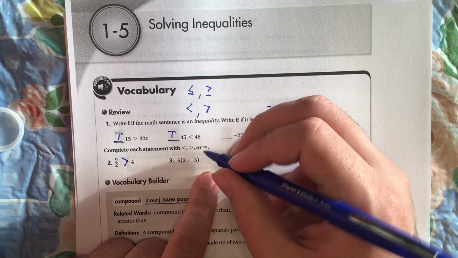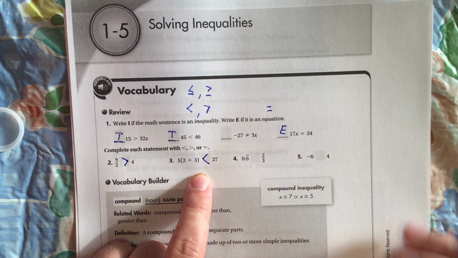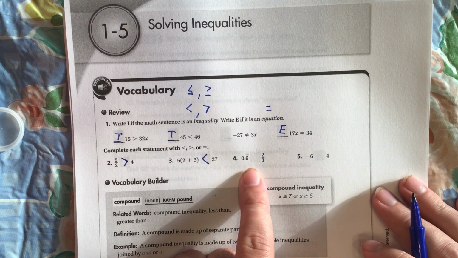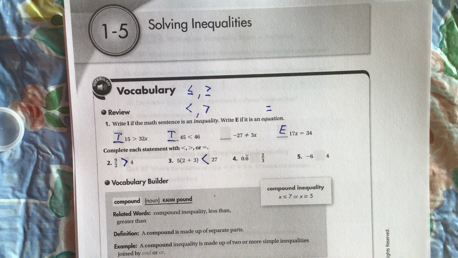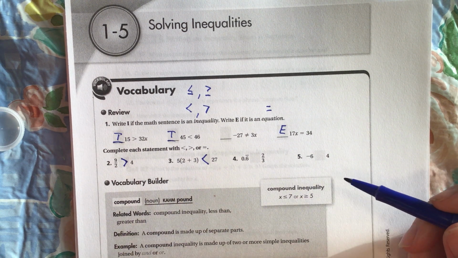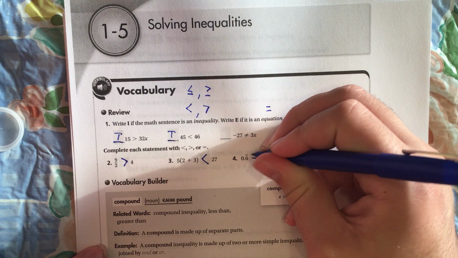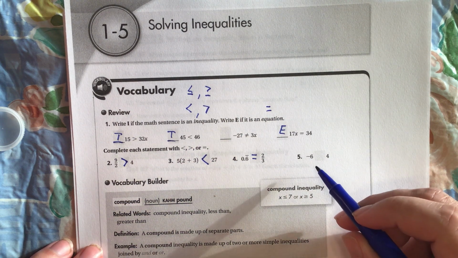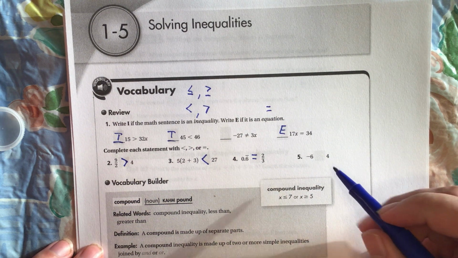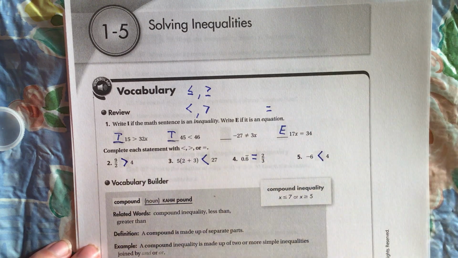That is not as big as 27. That's less than it. 0.6 repeating, or 2/3. I believe 2/3 is also 0.6 repeating. That's actually equal to each other. And then any negative number will always be less than a positive number.